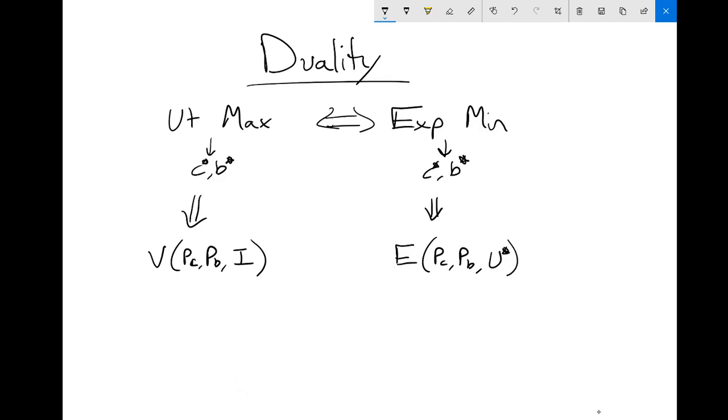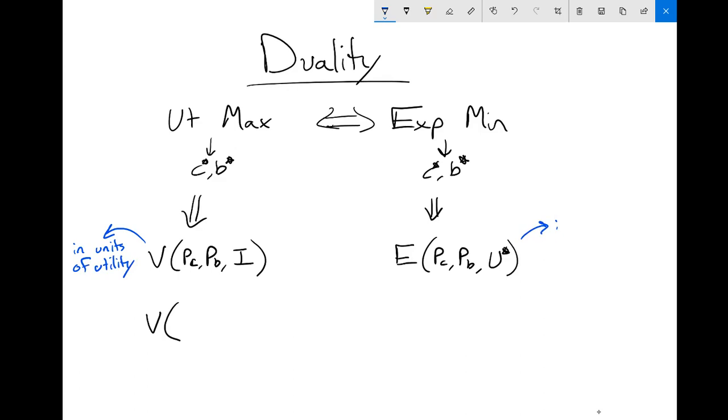That the value function, let's do this. If I take the value function and let me clarify. The value function, or the indirect utility function here, is in units of utility.